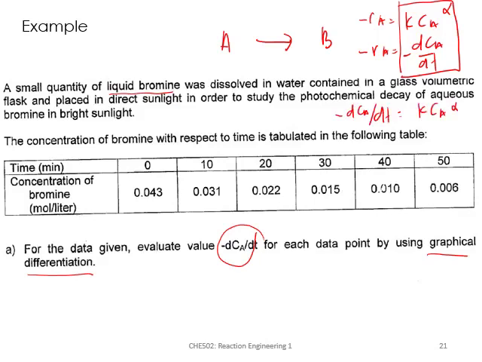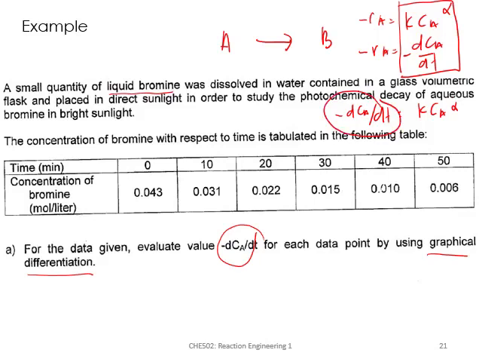Introduce natural log both sides, then you may find that alpha is equal to the slope and k is the intercept.